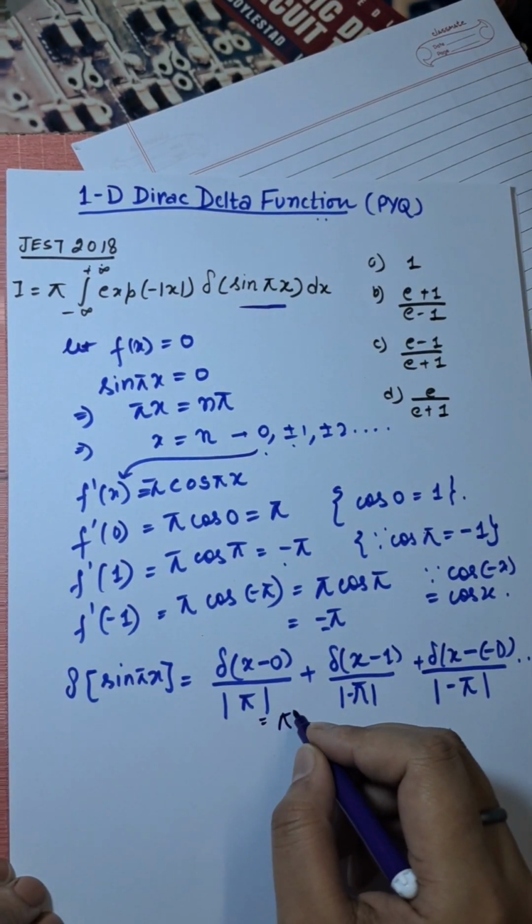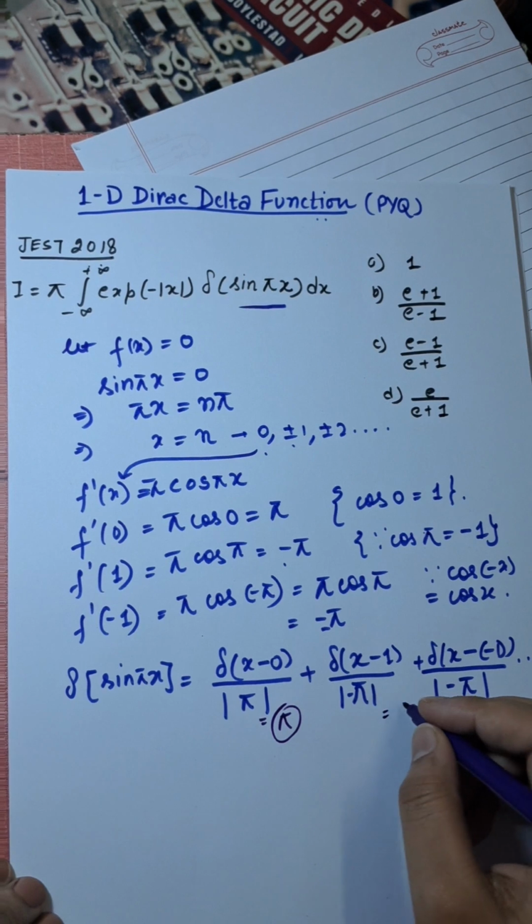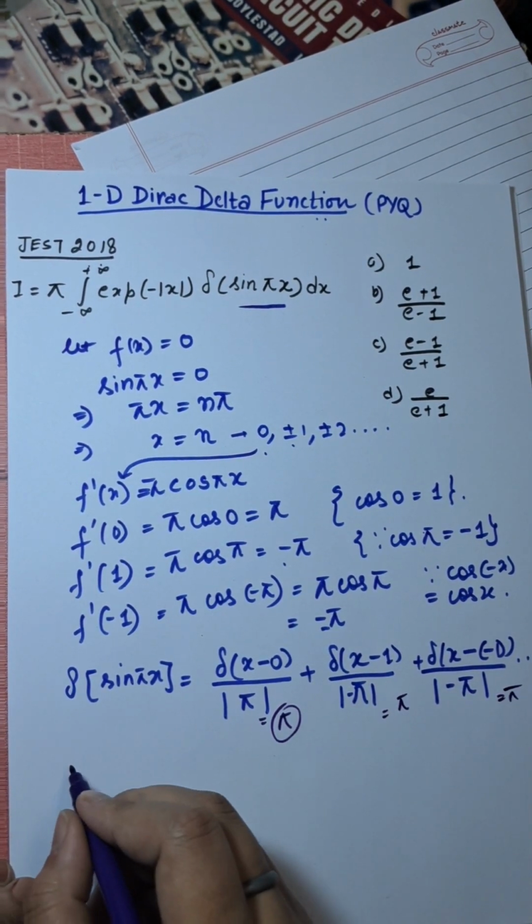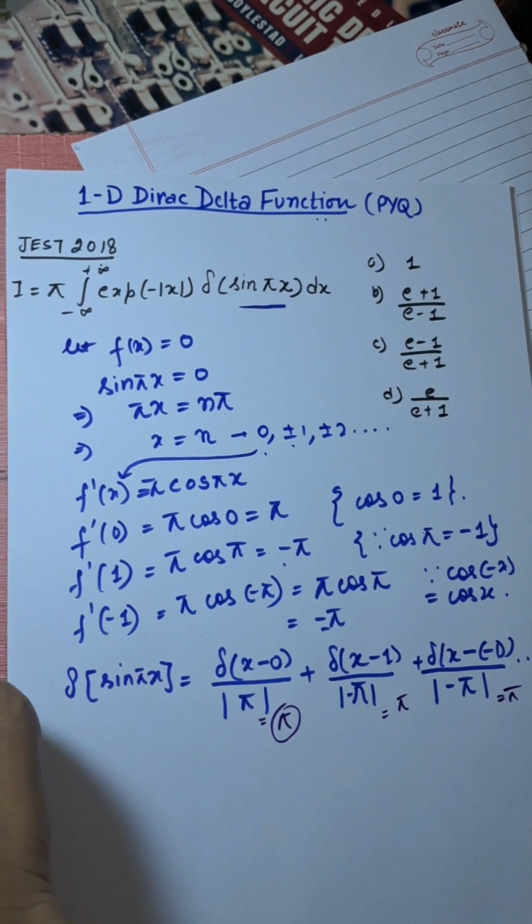We'll get pi, as the mod of minus pi is again pi. After that, we need to evaluate the integral.